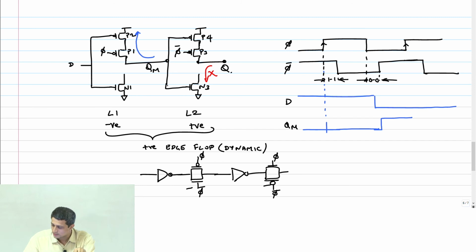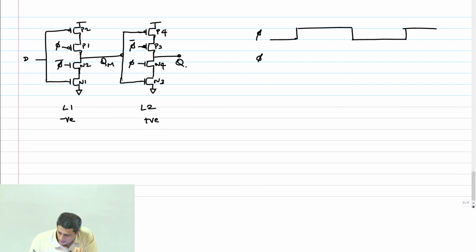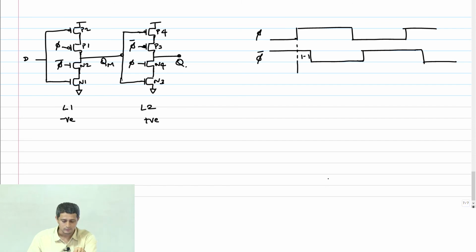Okay, so now let's look at the other condition, which is basically on the sampling edge, I want to see what happens. Right? This is phi bar. So 0, 0 overlap, there was no problem. This is my 1, 1 overlap. What are the transistors that are going to conduct? Or what are the transistors that are going to be off in this overlap period?